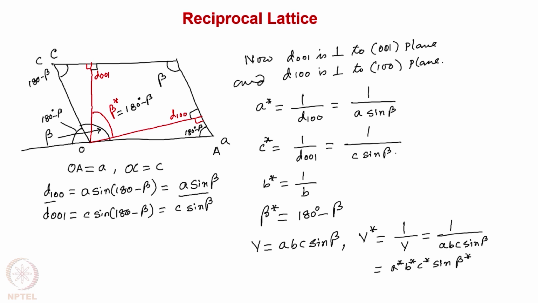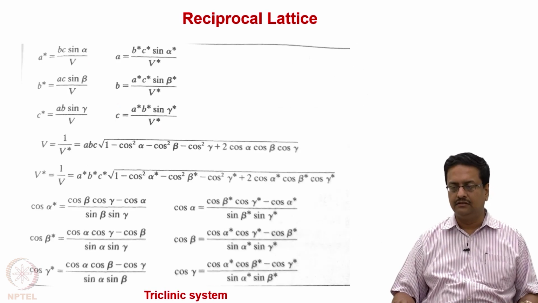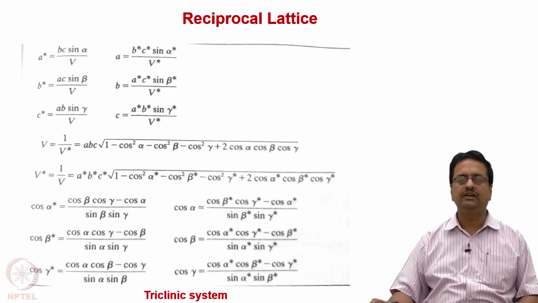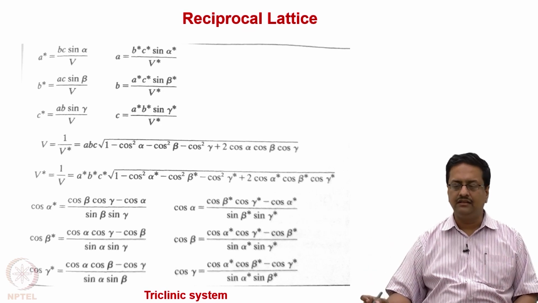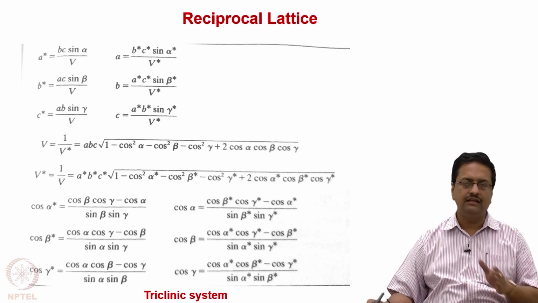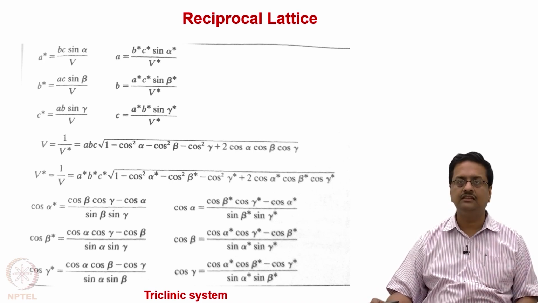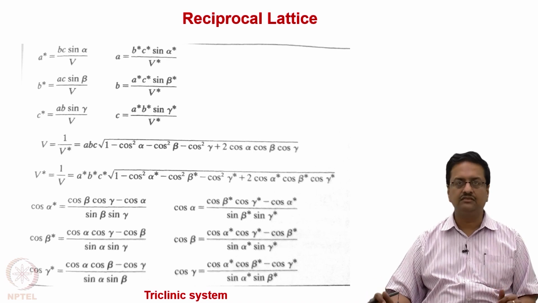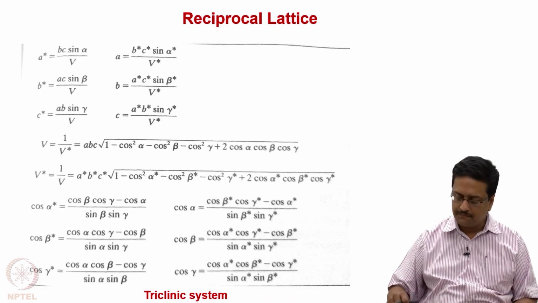So this is how one can calculate the reciprocal lattice parameters for the monoclinic system. In case of triclinic, this representation becomes even more complicated because the angles alpha, beta, gamma are all non-90, and hence the relationships are more complicated, as I have shown here in this presentation, which is also taken from a textbook.